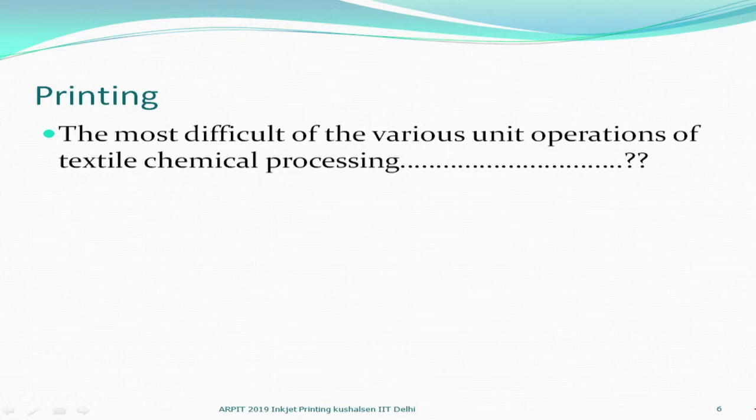So, let me just make a simple statement, and that is printing is one of the most difficult unit operations in the wet chemical processing sequence. And what do we mean by that? What we mean is that you cannot afford to make errors in printing process, because if you make errors, the people who can point out your errors could be novices.